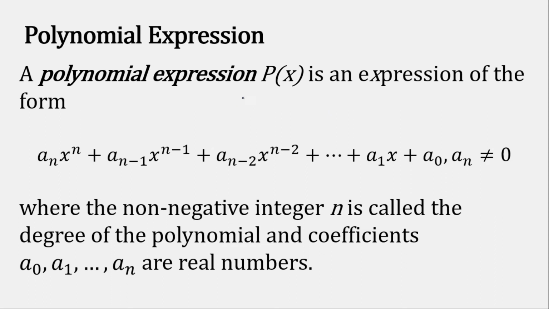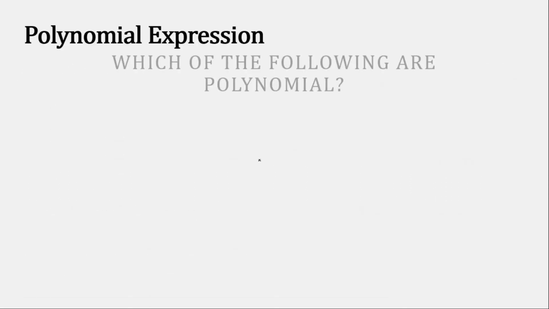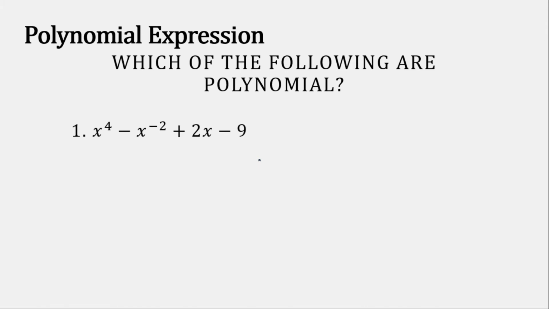So now let's put that in action. Let's try to answer these questions. Number 1, is this a polynomial? The answer is no, because of this term, because of this part. Any number that is raised to a negative is equal to 1 over that number raised to the positive of its integer.